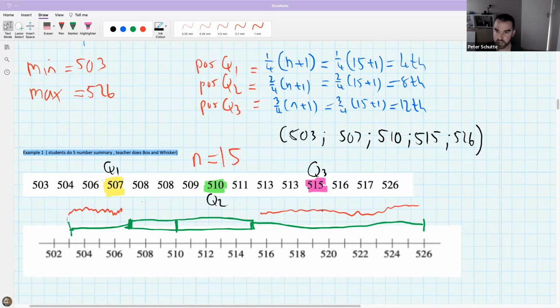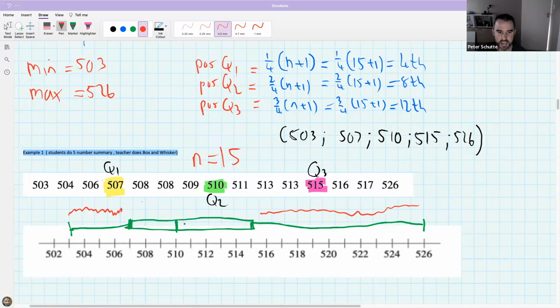So we can get to the skew to the right, but I want to say the top 25% is more spread out than the bottom 25%. If I look at the bottom 25%, it feels like it's squished together, whereas the top 25% is more spread out.